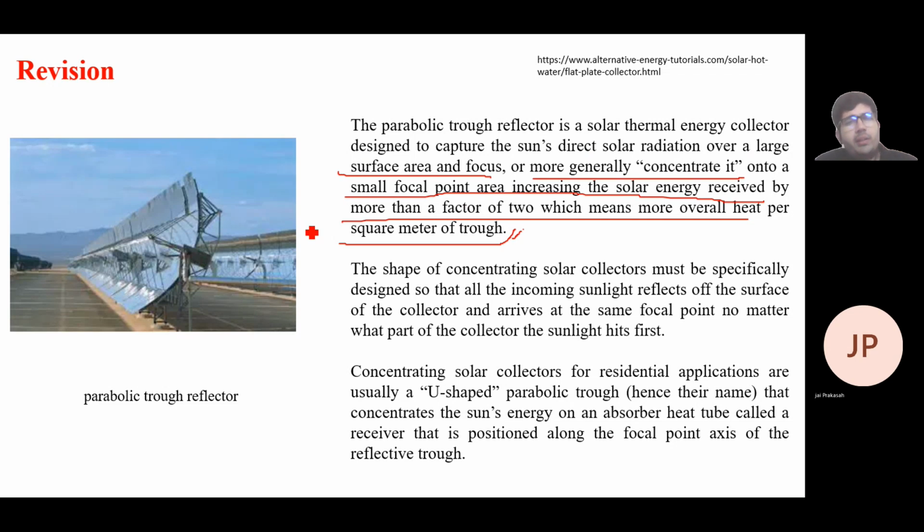The shape of the concentrating solar collector must be specifically designed so that all the incoming sunlight reflects off the surface of the collector and arrives at the same focal point, no matter what part of the collector the sunlight hits first.